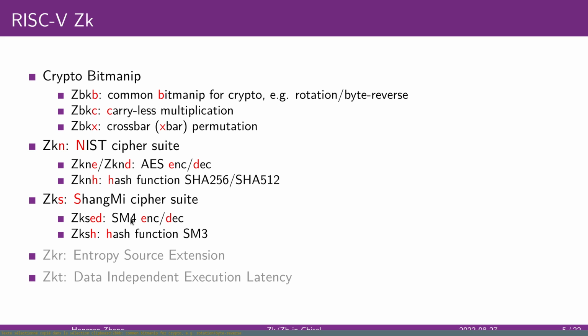ZK also covers ZKR and ZKT, where the first one is the entropy source extension, and the second one is data independent execution latency. These two extensions I didn't implement, because I don't have the entropy source, and I cannot guarantee that my implementation is truly data independent, so I didn't claim them.